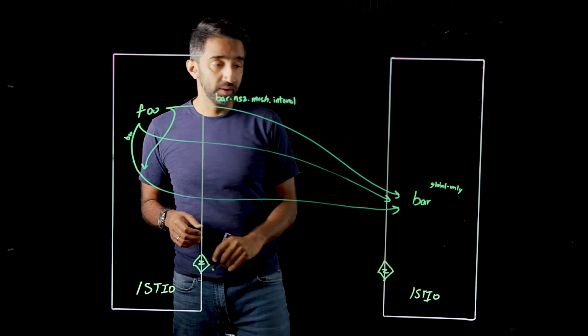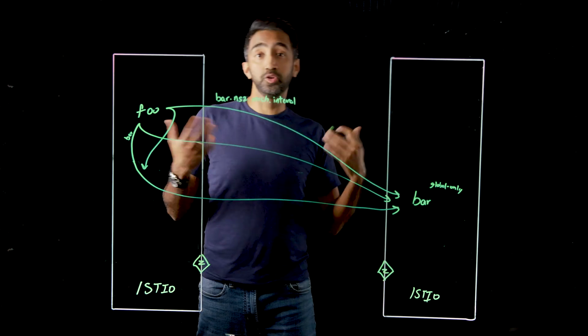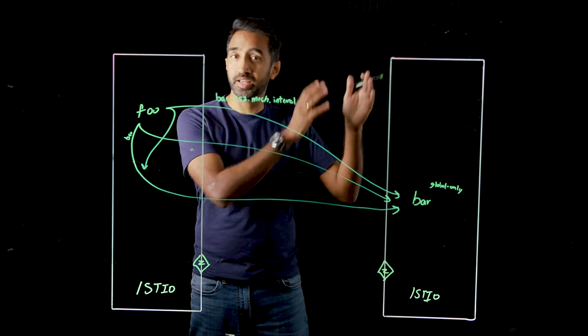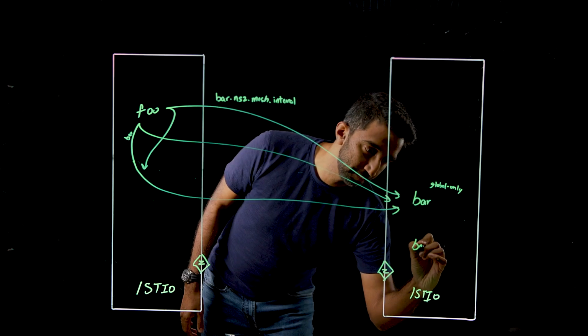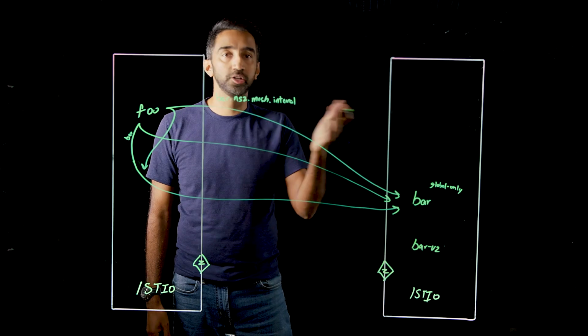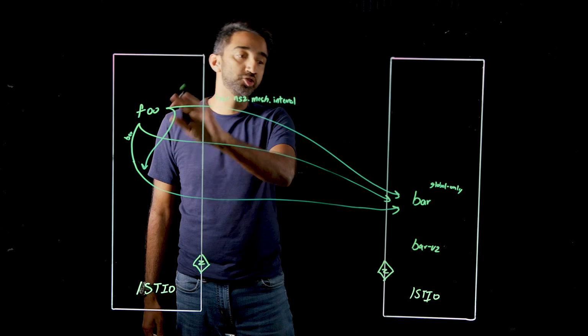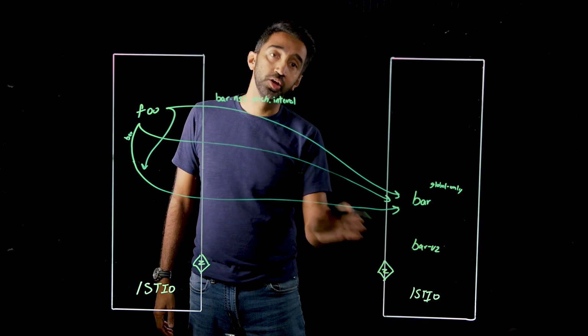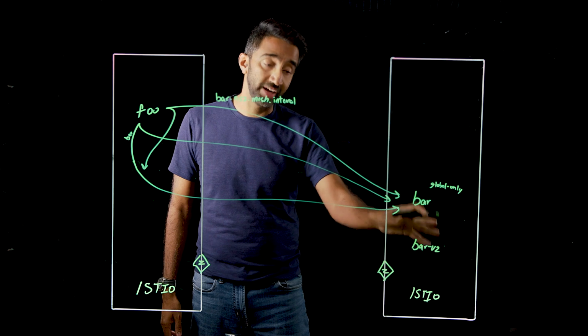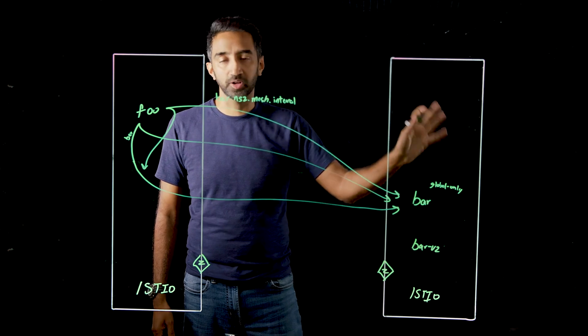For example, let's say that you want to roll out a new version of bar in one of your clusters. So let's say I have 10 clusters, and in one of the clusters, I can have a bar-v2, and I can create Istio's traffic routing policies to send just a subset of that traffic to the canary version of the service, depending on whichever cluster it's in.